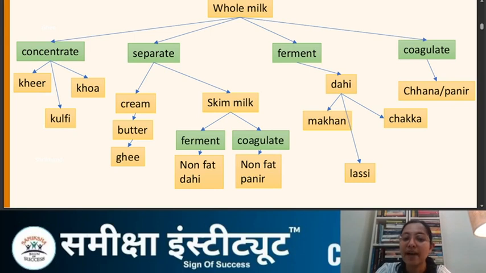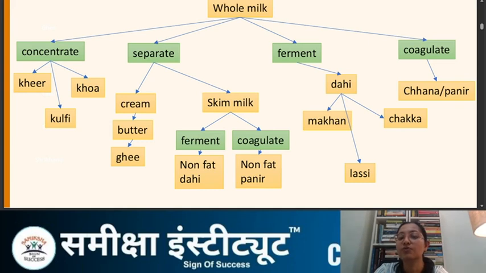From the fat portion, cream can be produced. From cream we can churn and produce butter, and from butter, after clarification, we can produce ghee. So this is basically the flow diagram. From whole milk we can separate cream, from cream butter will be produced, and from butter again ghee can be produced.